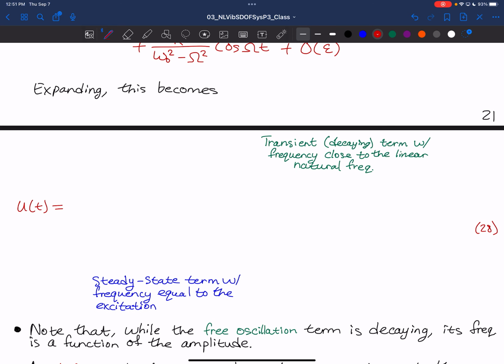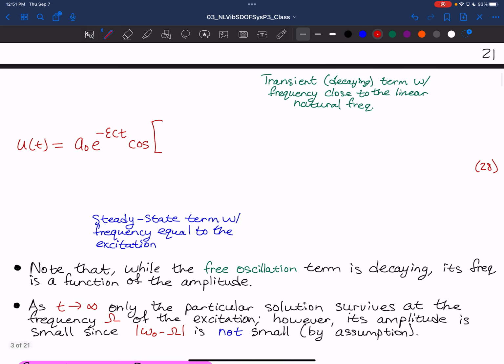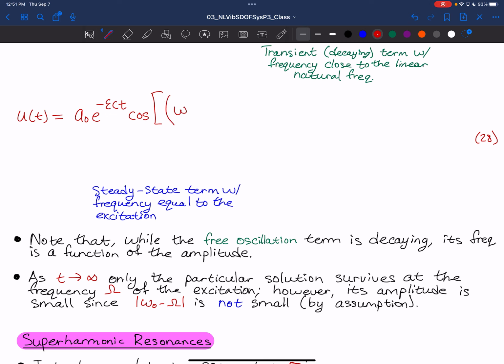We will end up with u of t equal to a0 times e to the minus epsilon ct times the cosine of the quantity omega 0 plus 3 epsilon alpha times lambda squared divided by omega 0 minus 6 epsilon alpha c a0 squared divided by 24 c times omega 0, all of that multiplied by t, minus 3 alpha times a0 squared divided by 4c omega 0, plus b0, plus order epsilon squared terms.